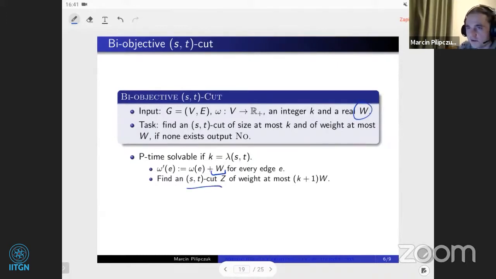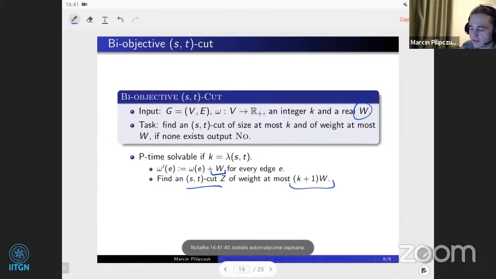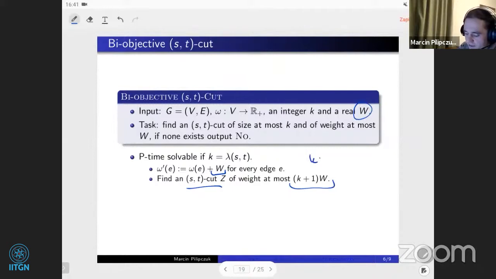Now forget about cardinalities and ask for a cut that has weight at most k times the big number plus my bound. If this big number is m, then the budget is k times m plus my target weight W. If this big number is at least my weight, then this boils down to what I wanted, because I need to cut k edges, since that's the size of the minimum cut.